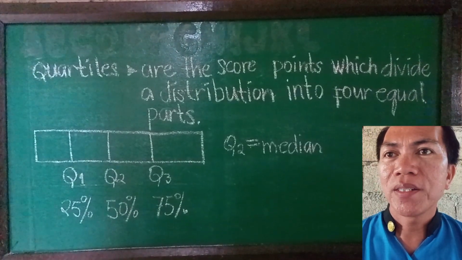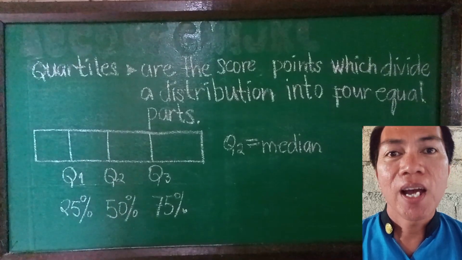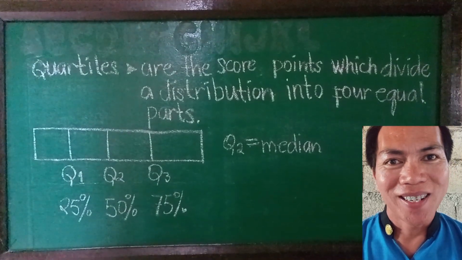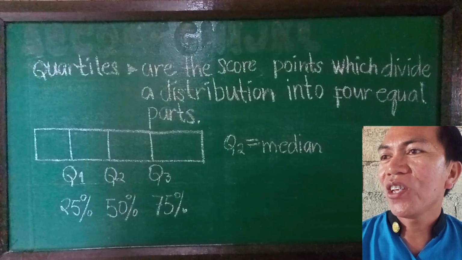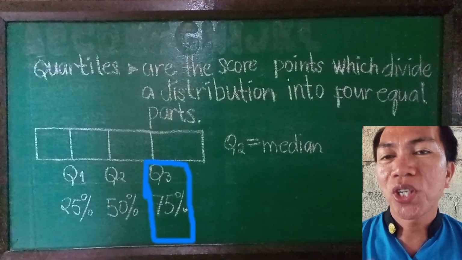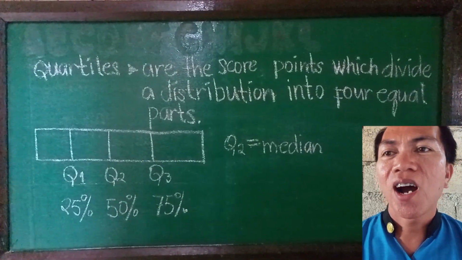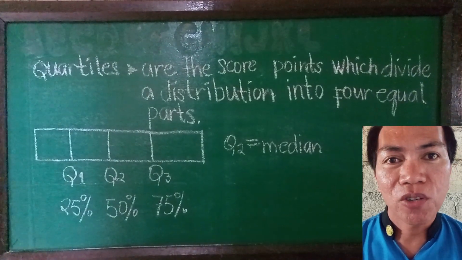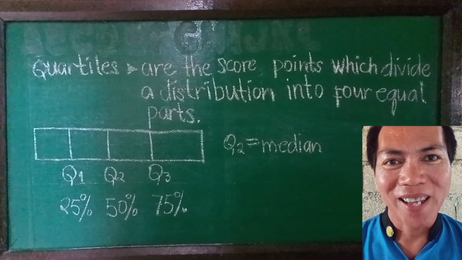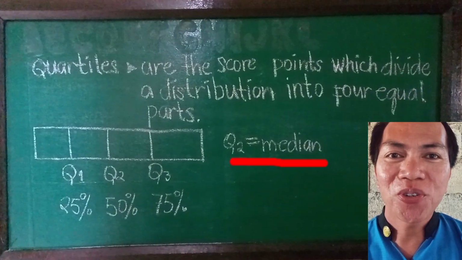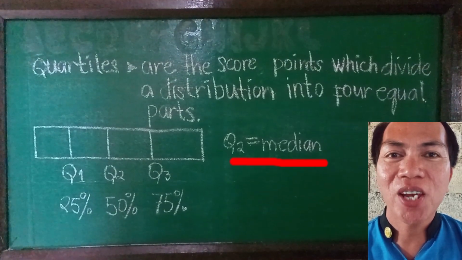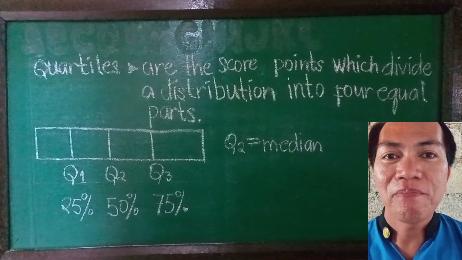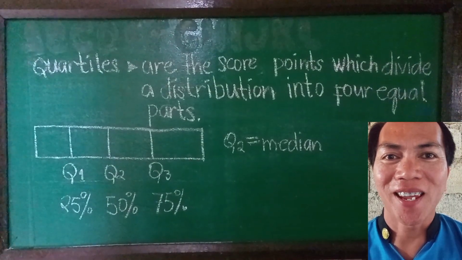Quartile 2 is the same value as the median of the measures of central tendency. And then you have your Q3 or Q sub 3, also known as the upper quartile, which is equivalent to 75%. And remember, Q2 is equal to the median of the measures of central tendency.